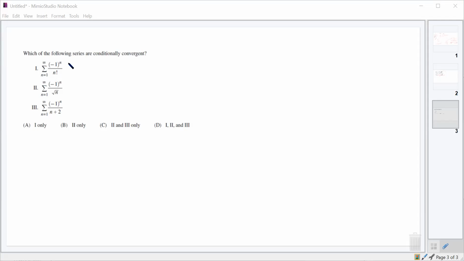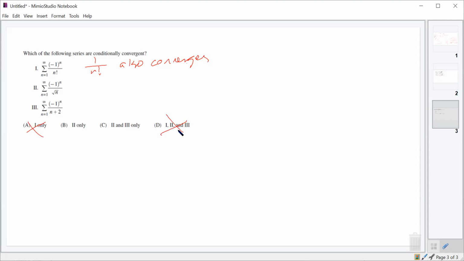But if we were to take the absolute value of this, it would become just 1 over n factorial, and 1 over n factorial is just the series for e to the x evaluated at x equals 0. That should also converge. So this also converges, so we can immediately eliminate anything that has a 1 in it.